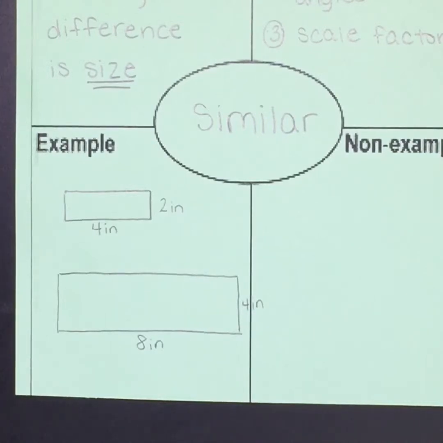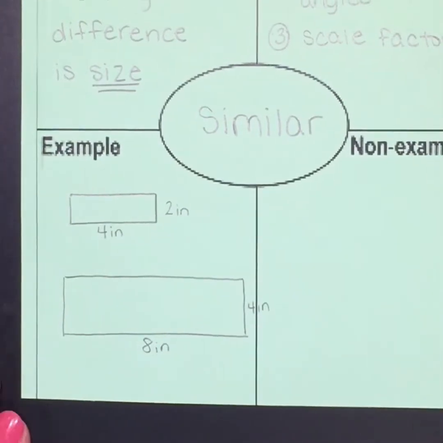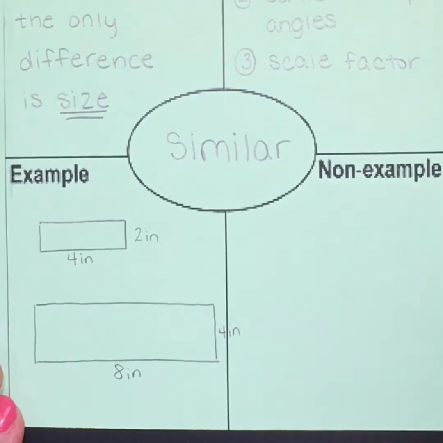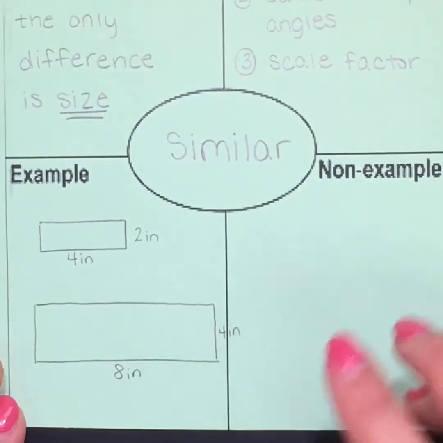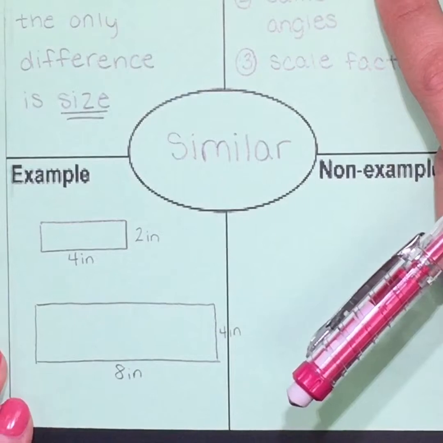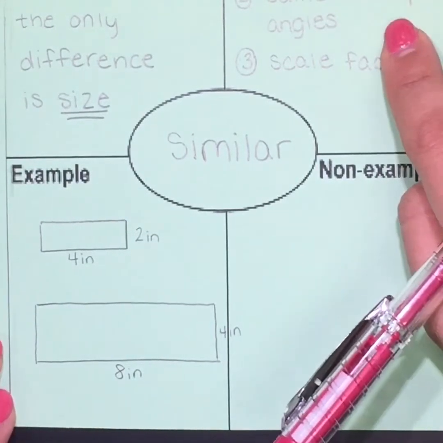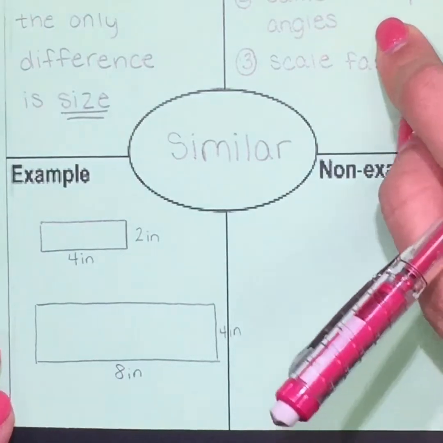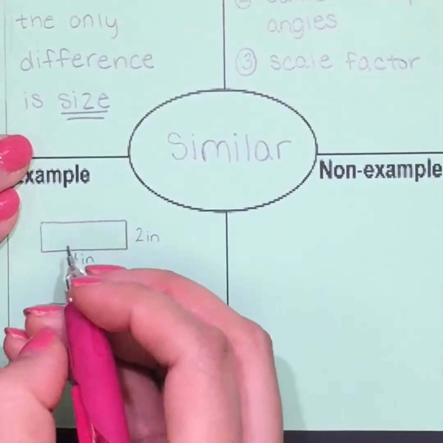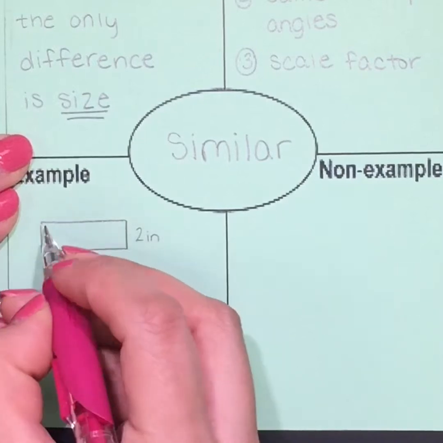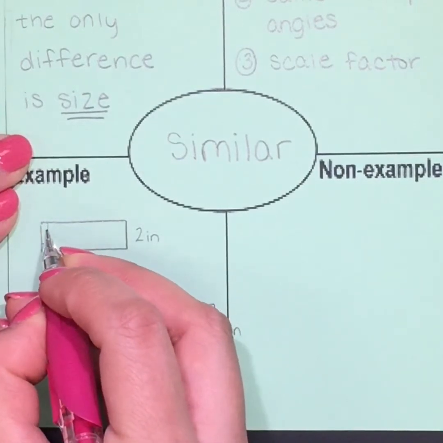Okay, so looking at those 2 shapes, first we go through our key characteristics to make sure that they are in fact similar rectangles. So number 1, are they the same general shape? Well, yes, of course, they're both rectangles, so check. Number 2, do they have the same corresponding angles? Well, if you think about it, rectangles, all of its angles are how many degrees?